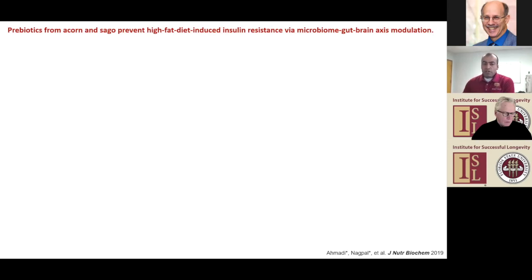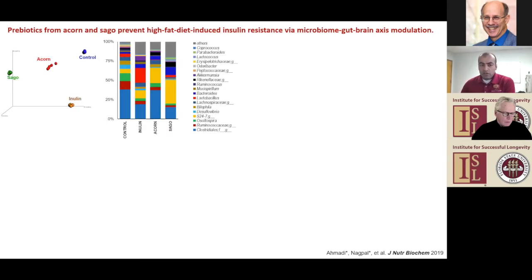So we recently did a study where we had 4 groups of mice, wherein one group was control, one group was given inulin, the most popular and most widely studied prebiotic, and the other 2 groups received 2 novel resistant starch and polysaccharides from plant sources, sago and acorn. So this study had 3 different types of prebiotics: fructo-oligosaccharides, galacto-oligosaccharides, and resistant starches.